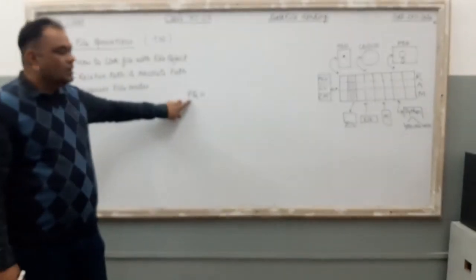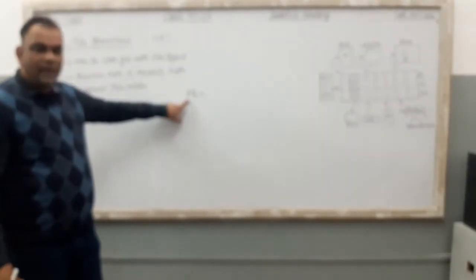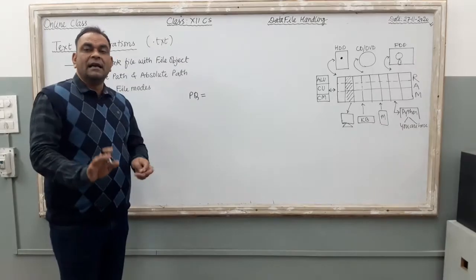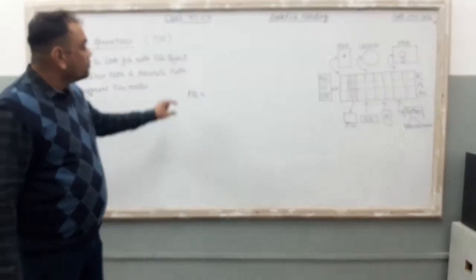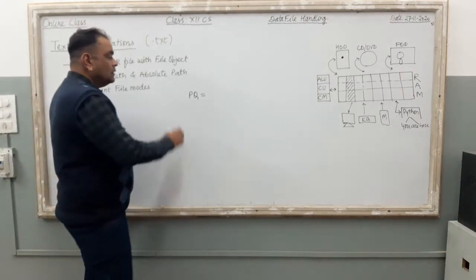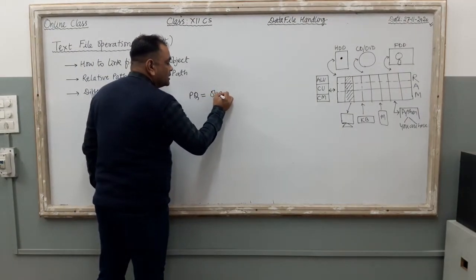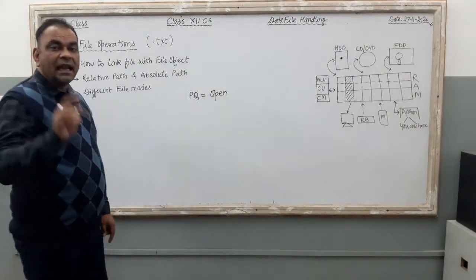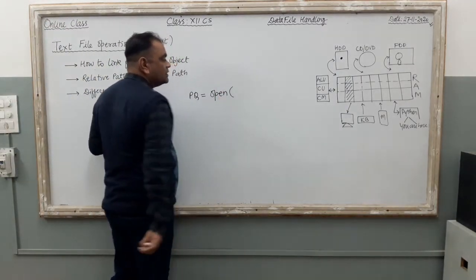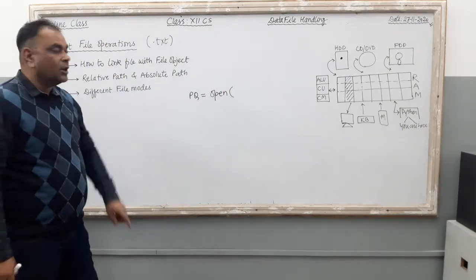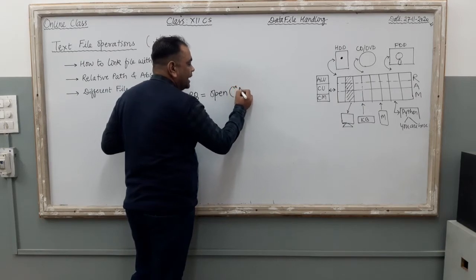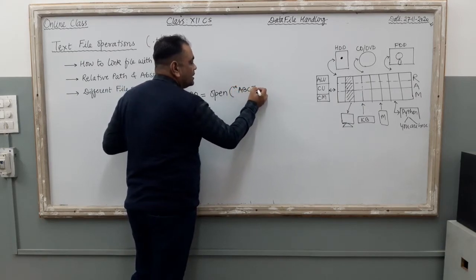Just see the first letter. It is an alphabet. No problem. Then no special symbol. PQ is not related with any Python command. So PQ is a valid name. I just create a variable with name PQ. Now with this variable I use open. It is a library function of Python. Open should be in small letters, then the small bracket, and here I am going to write the file name, abc.txt.